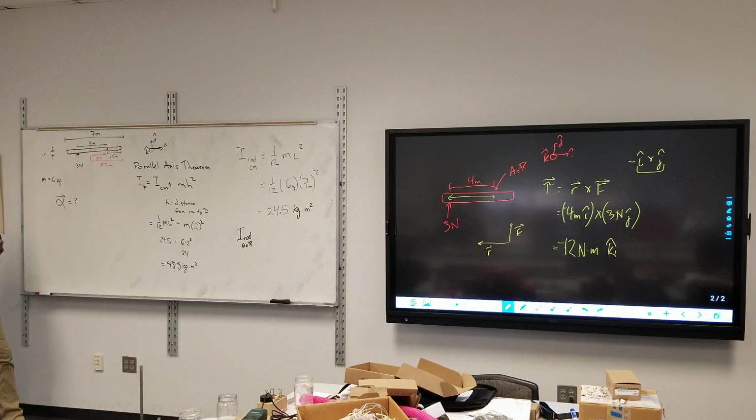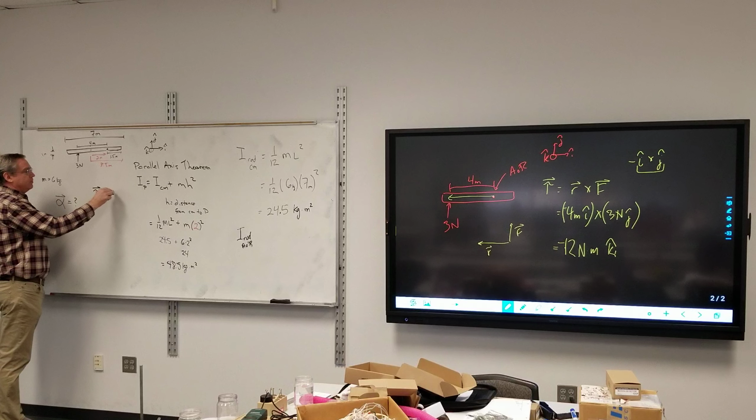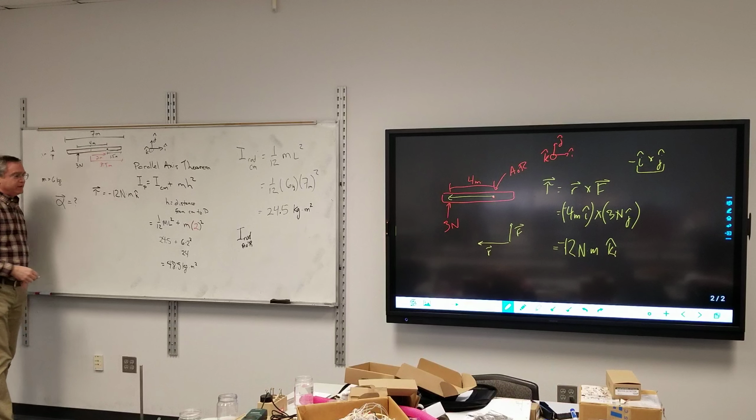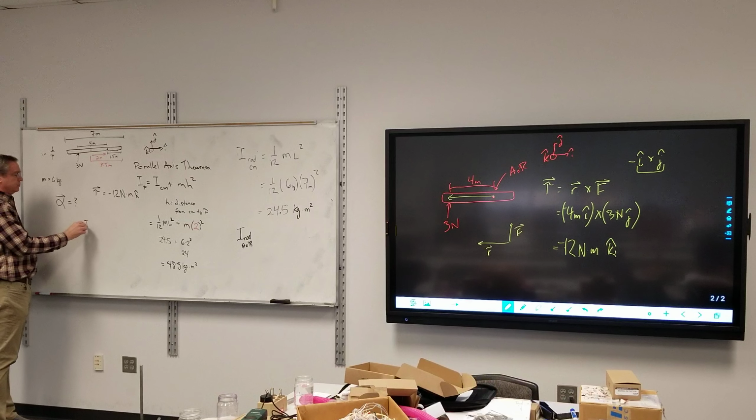All right, so next step, what's the torque about the axis of rotation? Well, we've already done that. The torque is negative 12 Newton meters k hat. And the last step, what's the angular acceleration? Well, I know that torque is equal to I alpha.